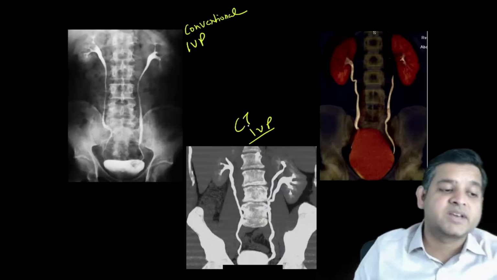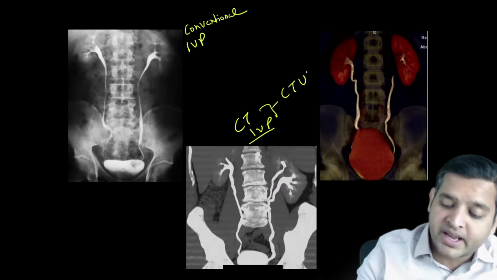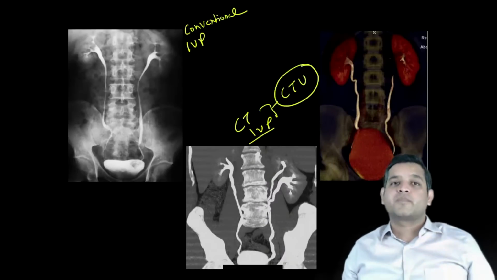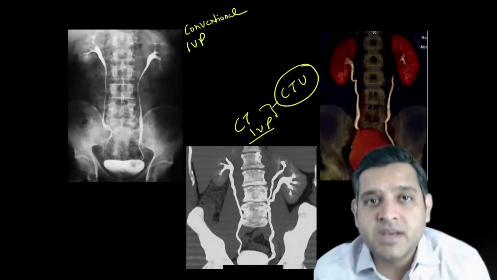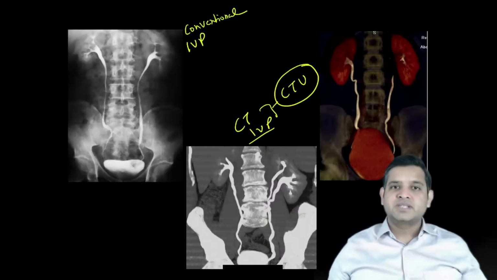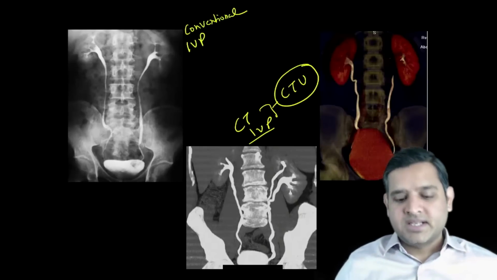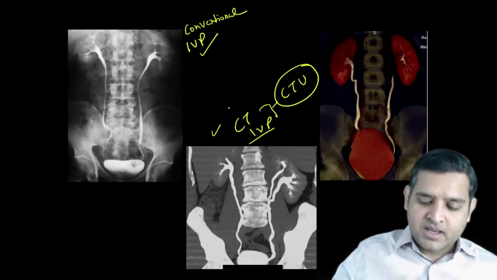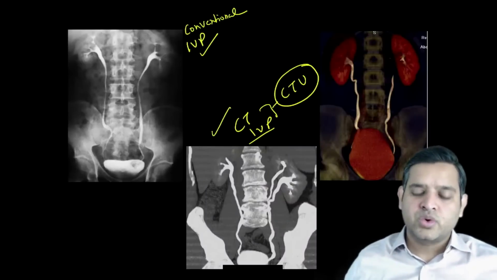So this is a CT IVP, and a CT IVP is also called CT urography. So all these contrast studies nowadays can be conventional studies or CT studies.